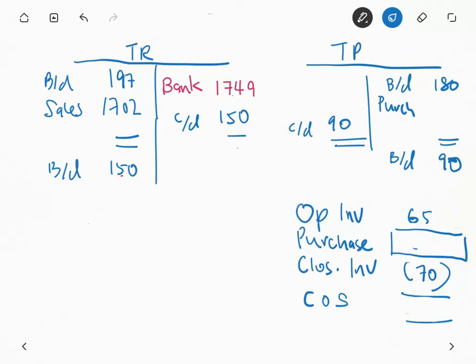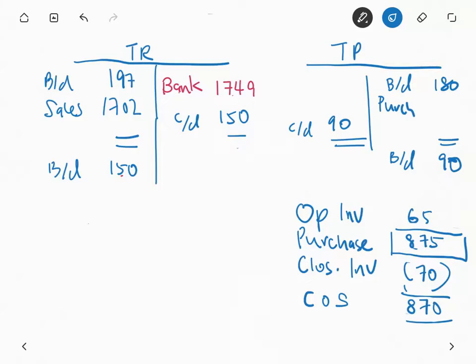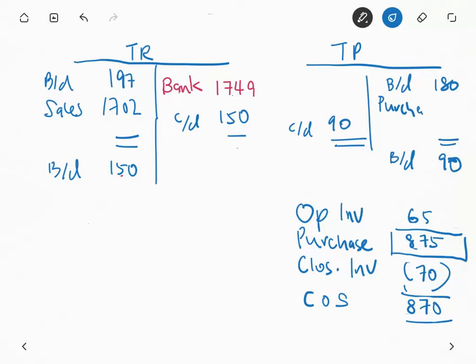We know opening plus purchase less closing is cost of sales. We have opening, we have closing inventory, we have cost of sales, 870. Can we now find purchase? So use this method to find purchase. My purchase is 875. Once I got my purchase, put it here, 875.